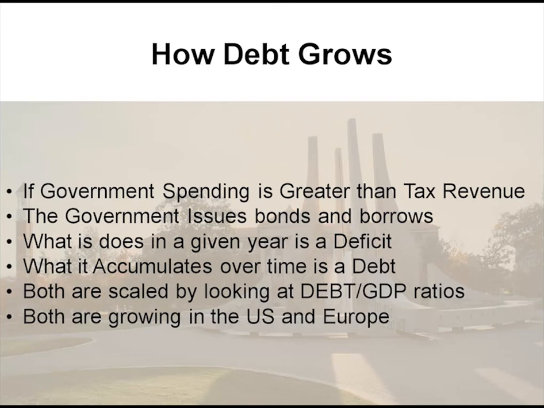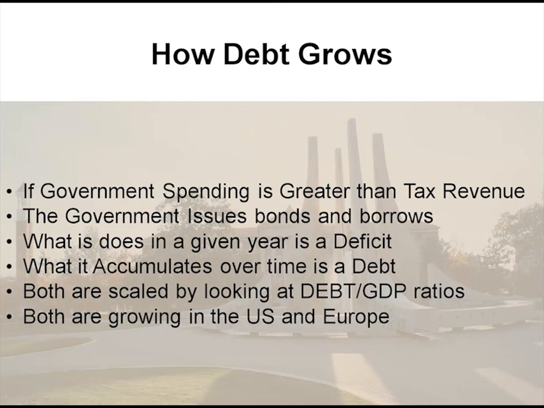Gross domestic product for the United States is about $15 trillion or so. So if we run a deficit this year of about $1.4 trillion, which numbers aren't completely in yet, but that's what it looks like it's going to be for 2011, then the deficit to GDP ratio was about 10%. And currently the debt to GDP ratio in the United States is about 100%.